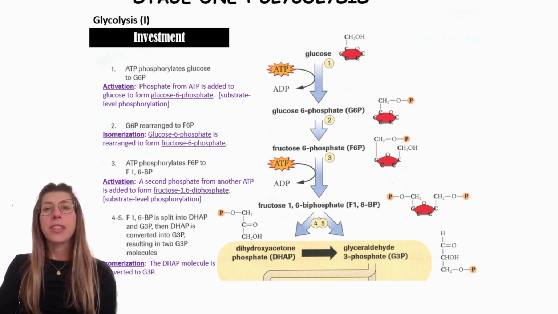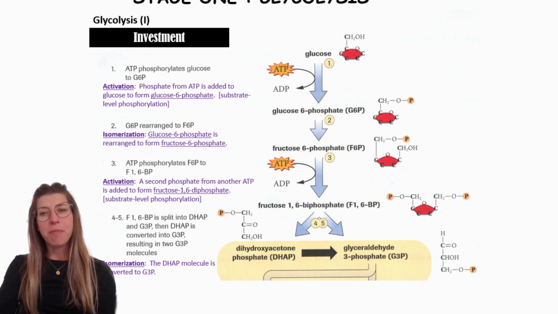Then we have step 3, and we see another ATP molecule coming in and phosphorylating that F6P. So it's taking that fructose 6-phosphate, which still has the phosphate group, and adding another phosphate group to it through phosphorylation.